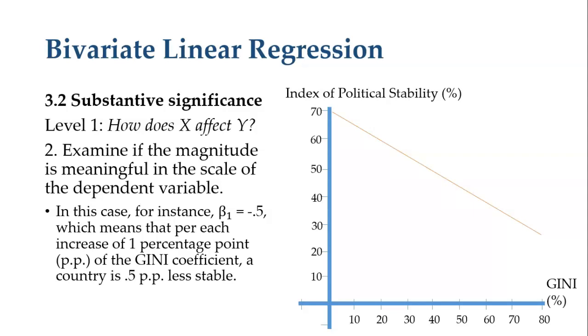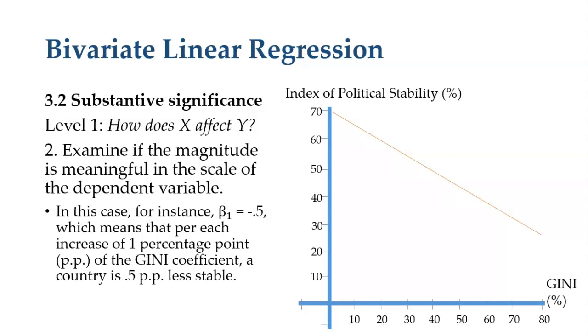So for this particular case, which is a mock example, let's say that beta sub 1 is equal to minus 0.5, right?